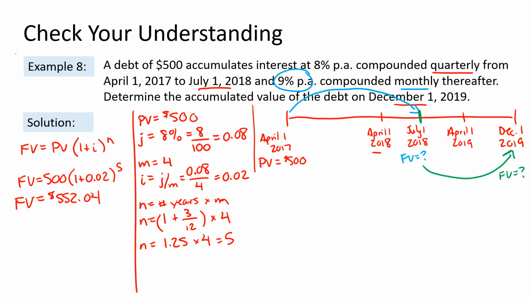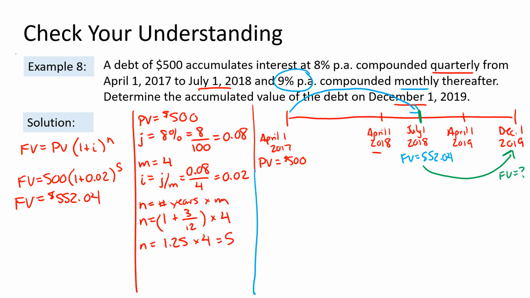That is our future value at July 1st, 2018. So now we transport ourselves to the future, to July 1st, 2018, and this value of $552.04 is our present value for our next calculation. Our next calculation will be from July 1st, 2018 to December 1st, 2019.